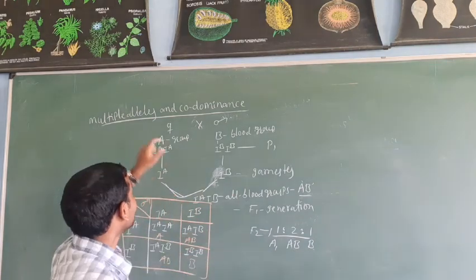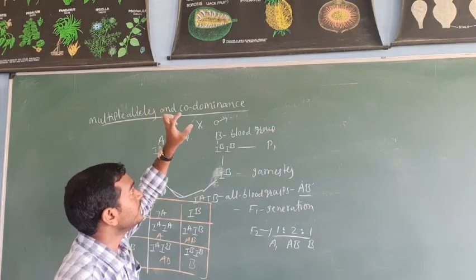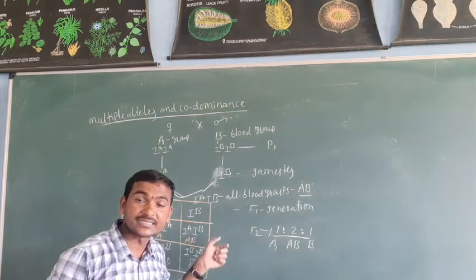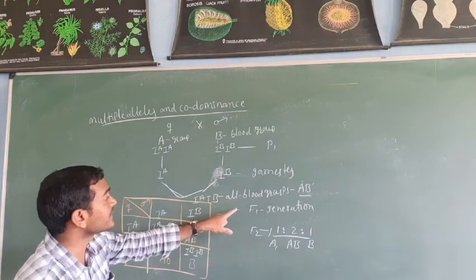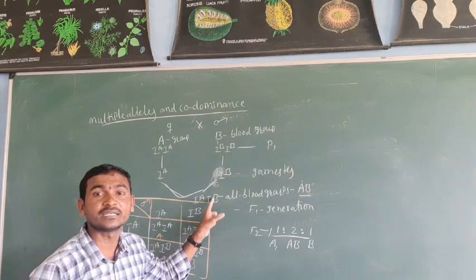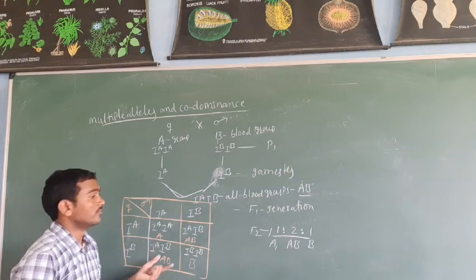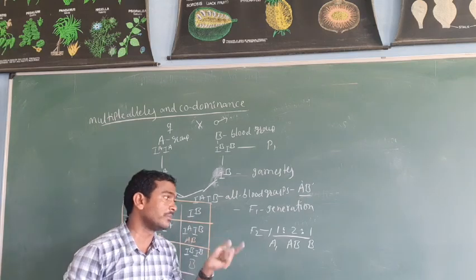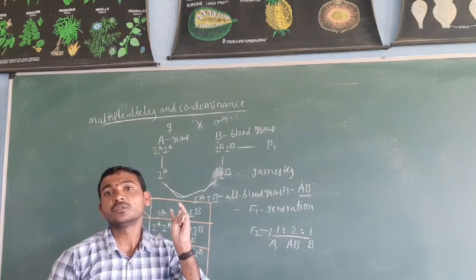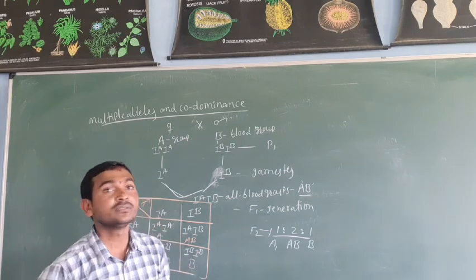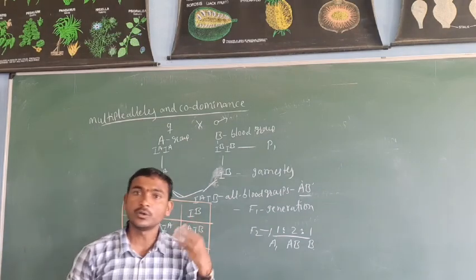If an A mother is married to a B father, the F1 generation is AB blood group, but the F2 generation is A, AB and B blood groups. This is about codominance and multiple alleles.